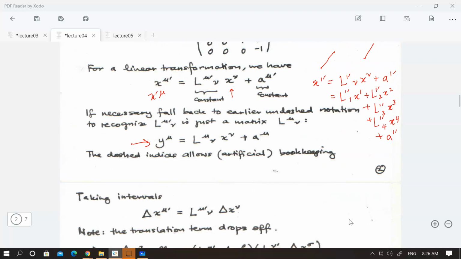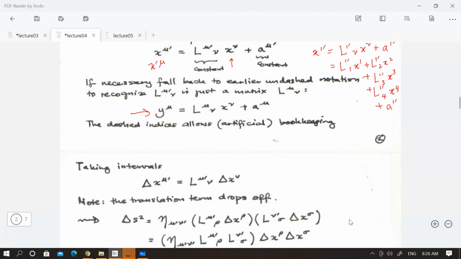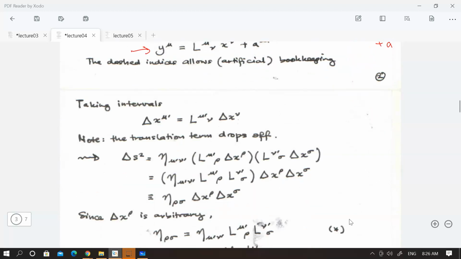So once you have the possible transformation given by that, the interval will just be given by that. Okay, why? Because the a drops off. When you take the difference between two coordinates, let's do this.